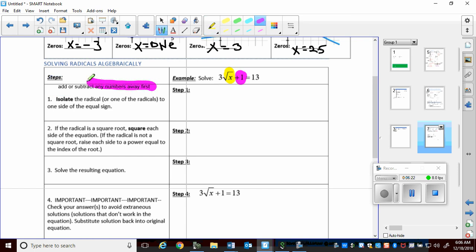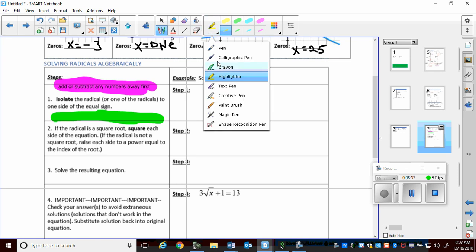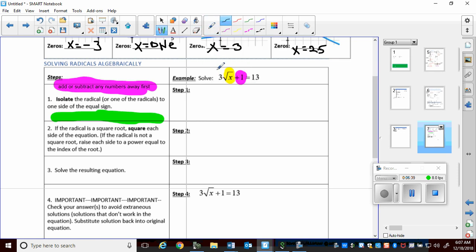I'm getting rid of that 1 first. Any number I add or subtract, getting rid of it. And then the second step would be to get rid of any numbers that I'm multiplying or dividing. And then I deal with the radical. So that would be the 3.